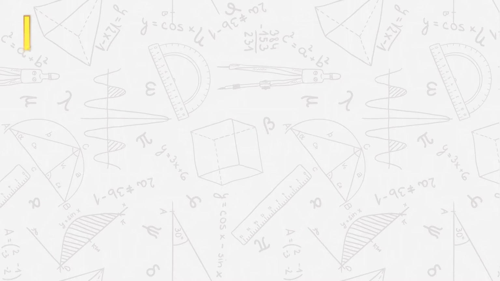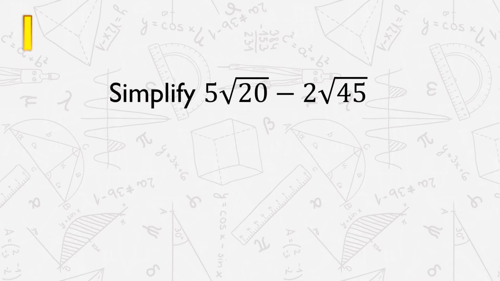Let us begin with question number 1. Simplify 5 square root of 20 minus 2 square root of 45. Again, simplify 5 square root of 20 minus 2 square root of 45.